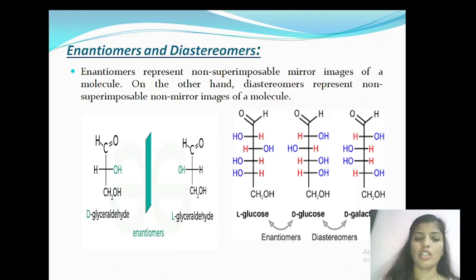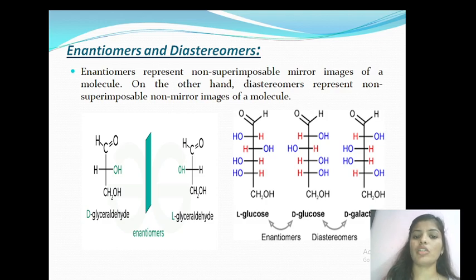We know that when we stand in front of a mirror, we see a reflection, right? Our right is reflected as left in the mirror image, and the left is reflected as right. So when we superimpose these mirror images, they are not superimposable.